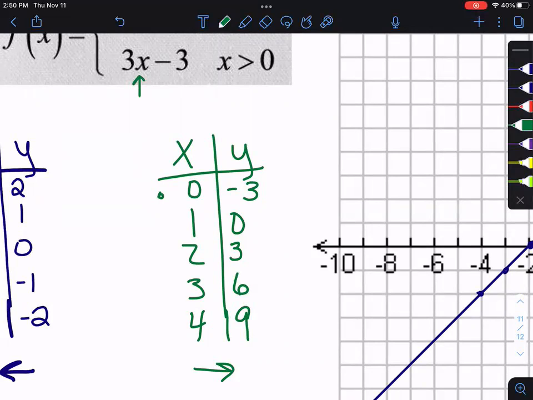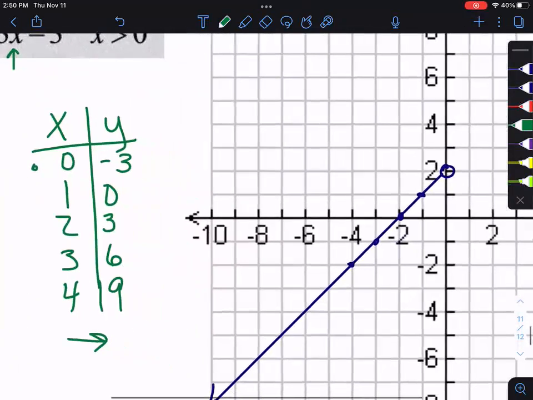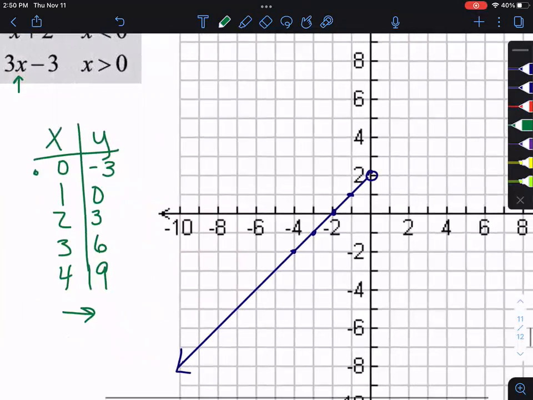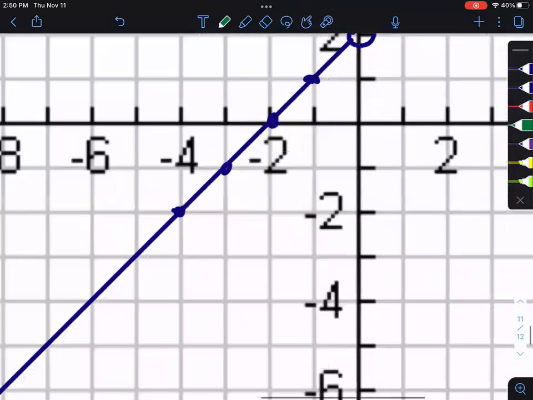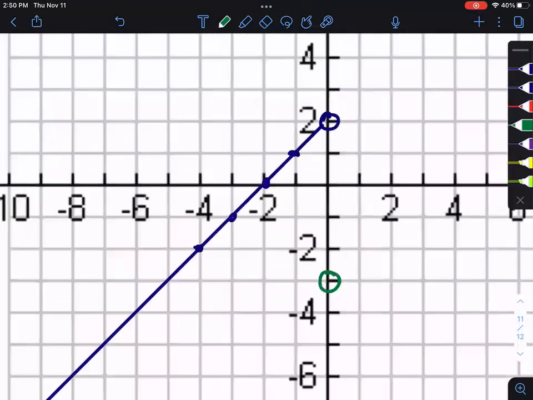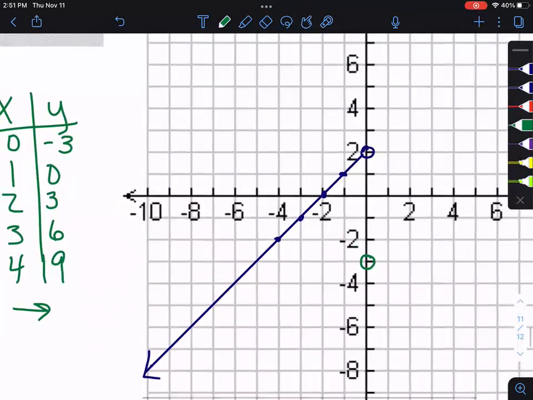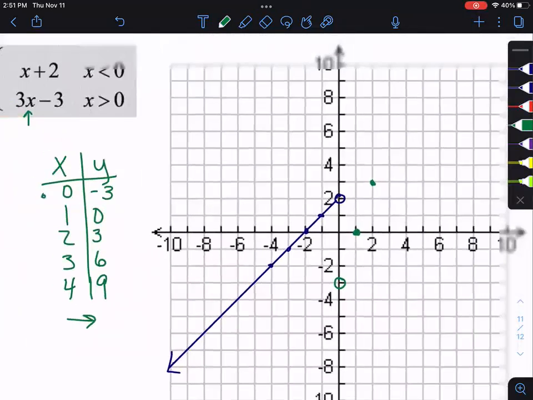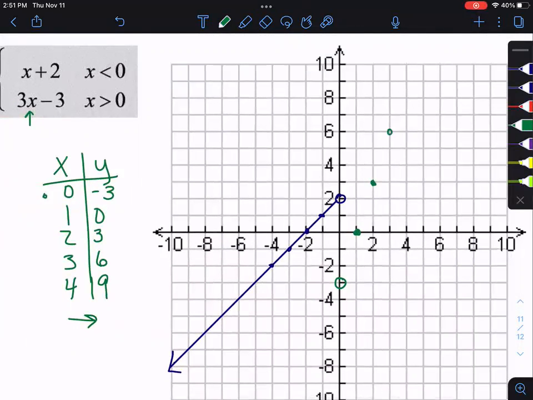So again, I've got an open circle at (0, negative 3), and then I'm going to put all those 4 points on there and connect them with my arrow heading to the right this time. So (0, negative 3) right here with an open circle, (1, 0), (2, 3), (3, 6), and (4, 9).